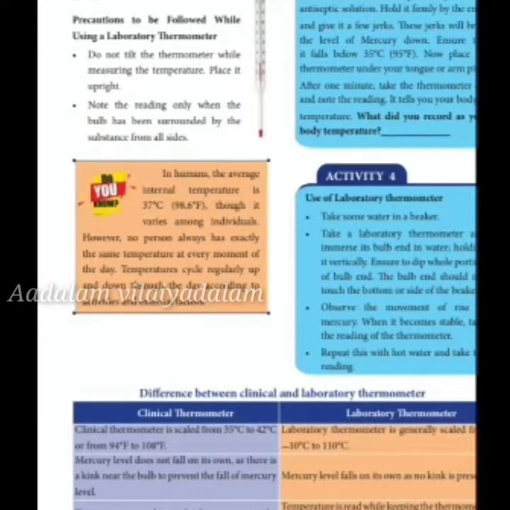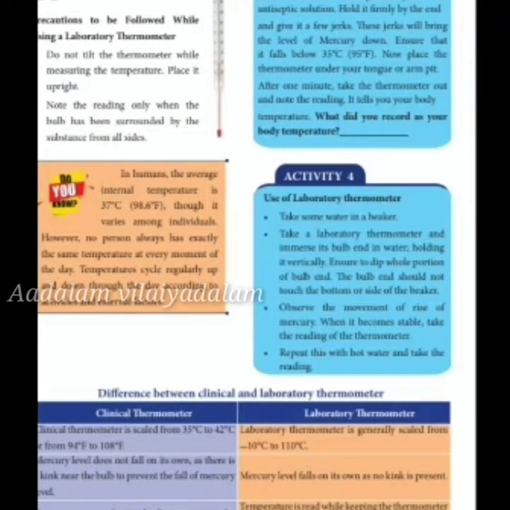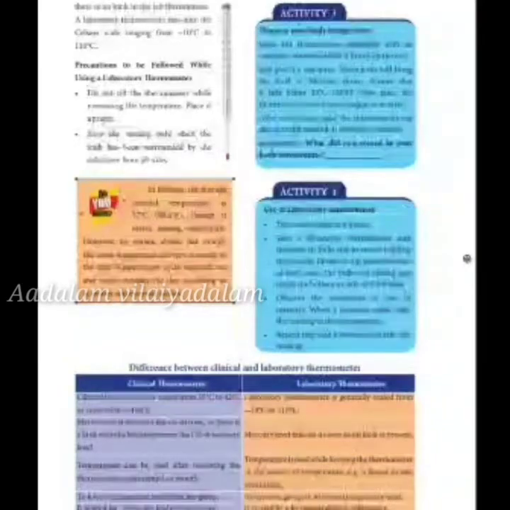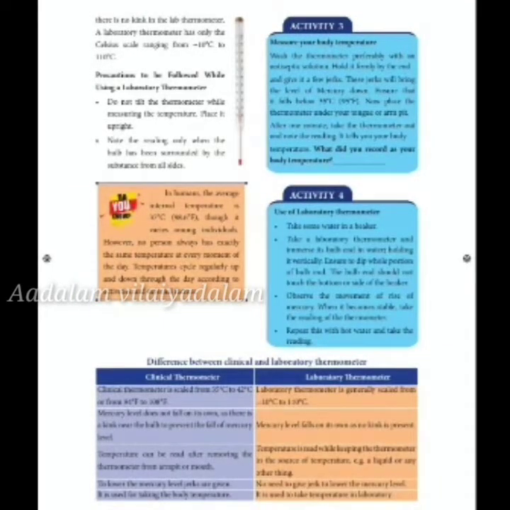Here, the thermometer has to be shaken, that is, given a jerk, to reduce the mercury level. There is no need of a jerk in the laboratory thermometer. The clinical thermometer is used for taking body temperature. The laboratory thermometer is used in the laboratory. This is the difference between the clinical thermometer and the laboratory thermometer.